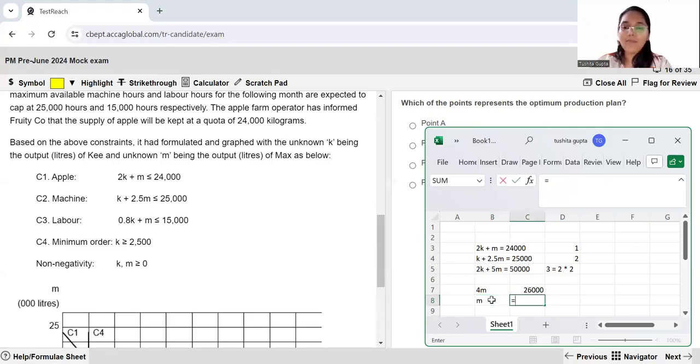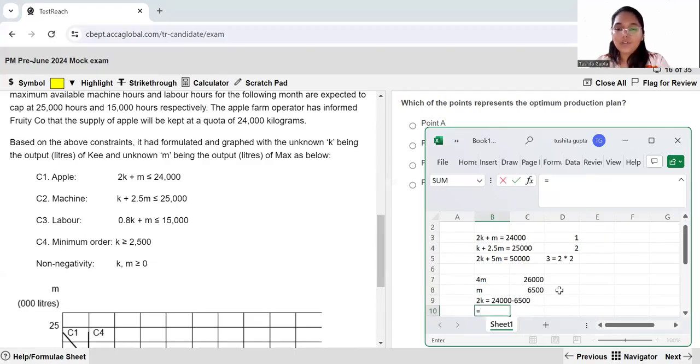Now I can calculate M. It will be equal to 26,000 divided by 4. So now I know the quantity of M which I'm going to be supplying, the output is going to be 6,500 liters for M. Now I will use this M value and substitute in any of the equations. Let's suppose I do it in equation 1. So in equation 1, 2K is going to be equal to 24,000 minus M, which is 6,500.